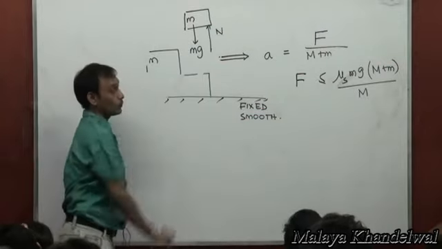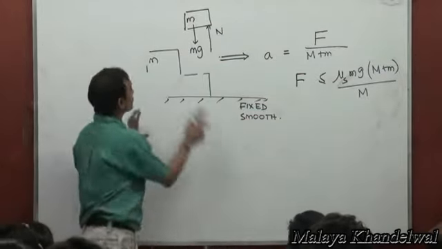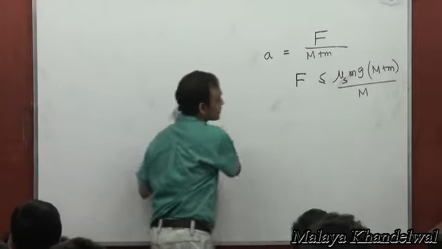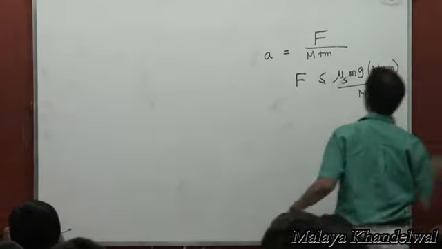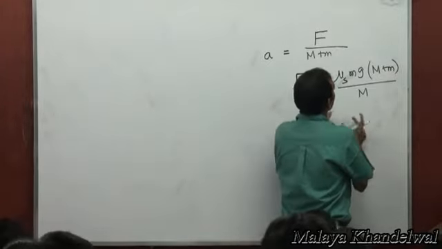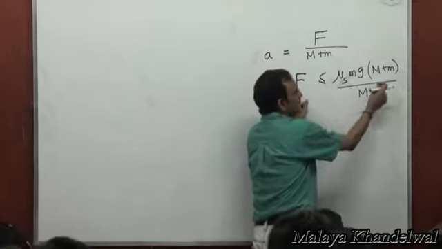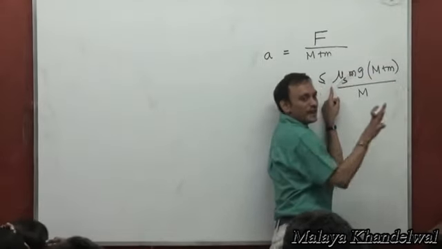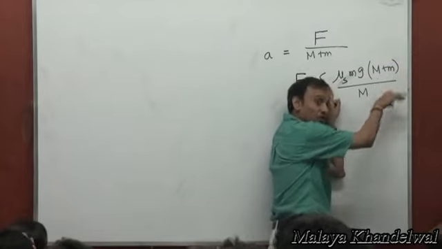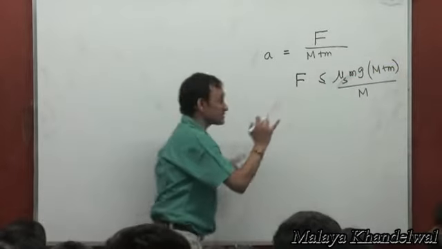And the thing that I stated means what? The moment F exceeds this value, there would be relative motion between the two surfaces, right? The moment F exceeds this value, there would be relative motion between the surfaces.